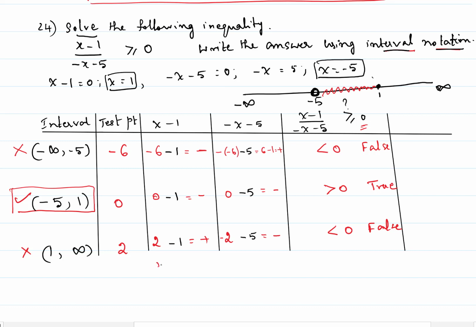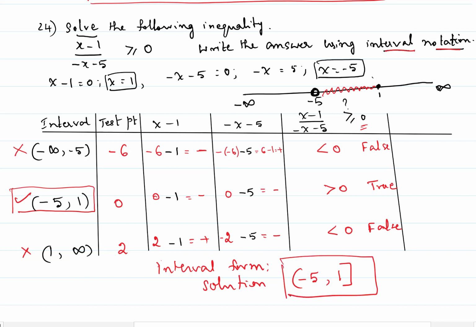So the solution set would be negative 5 in open parentheses and 1 with a bracket. All numbers from negative 5 to 1 will be the solution to this problem. Hope this video helped.